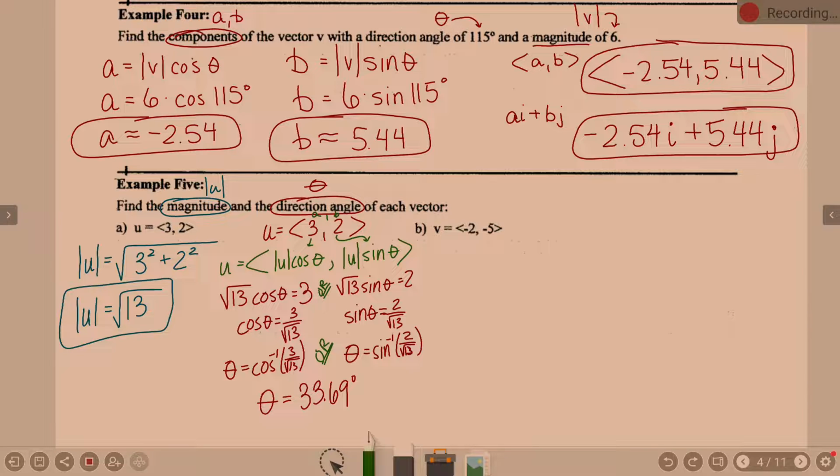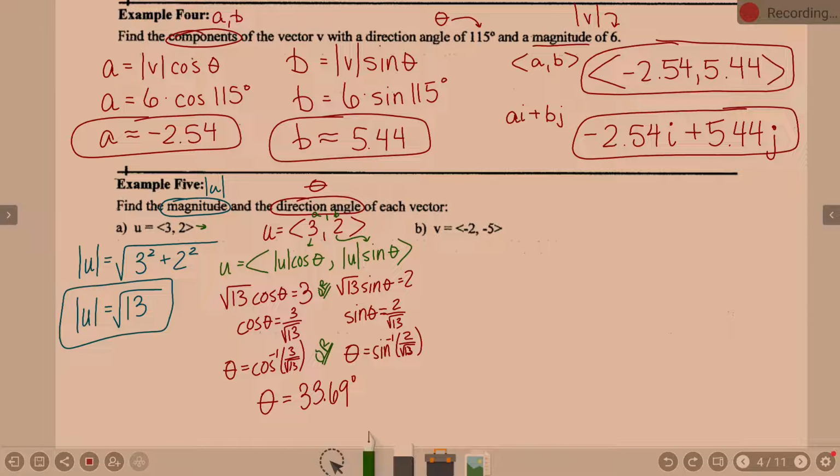We always need to make sure that our answer makes sense for the angle, in terms of, do we get the right quadrant for our answer? So go back with me. The original vector, 3, 2. What quadrant does that put us in? You go right 3, up 2.